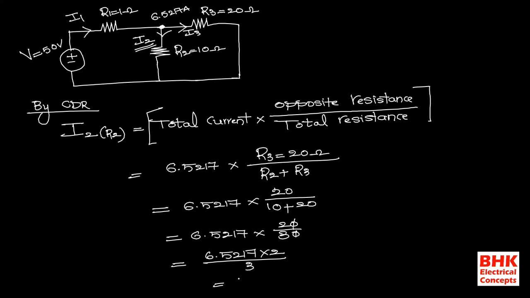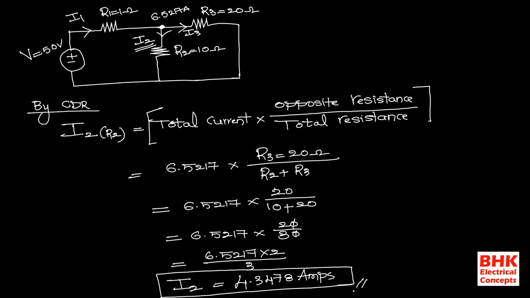If you calculate this, it gives the value of 4.3478 amps. So this is the value of current which is flowing in the R2 branch. It means the value of current flowing in R2 is 4.3478.